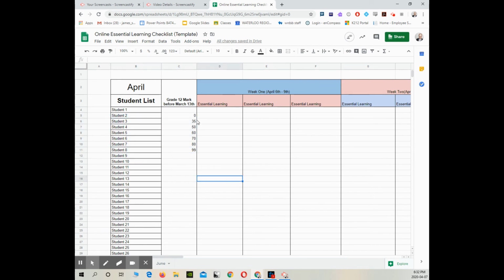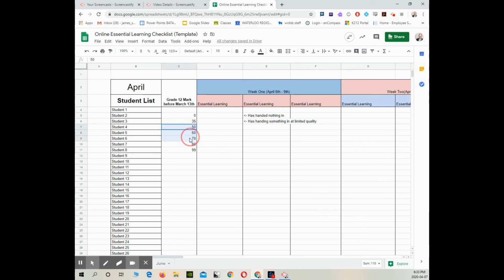You can see here that student number 2 has a 0. This type of student is going to be a student who has handed nothing in. You can see that this student right here has a 35, and this student is currently failing the course based on their essential learnings, but has handed something in at limited quality for essential learnings.